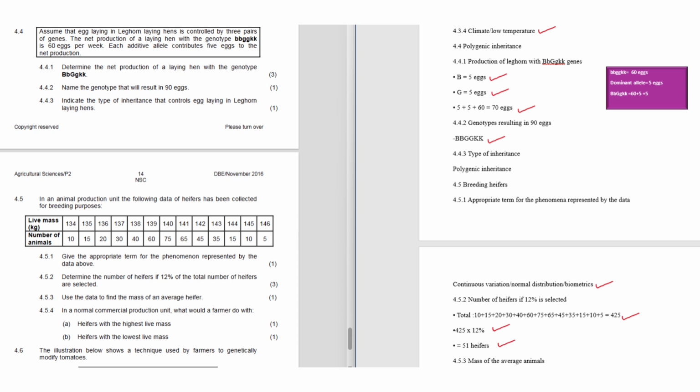So a dominant allele will add 5. Each one will add 5. So the dominant B will add 5 eggs and the dominant G will add 5 eggs. So it is equal to 60 plus 5 plus 5, then it gives us 70.